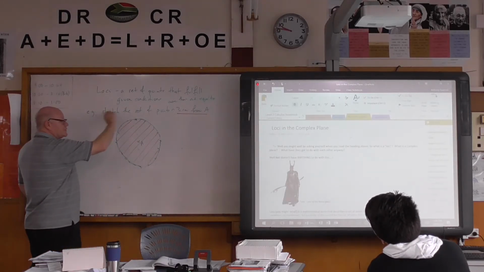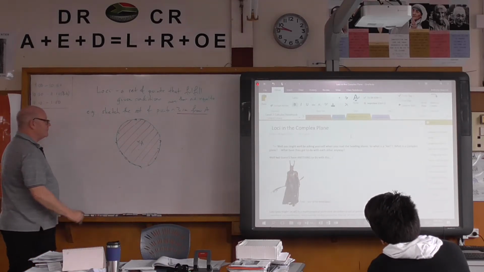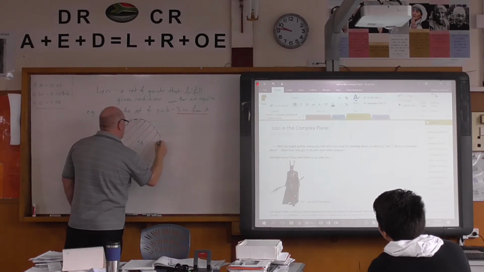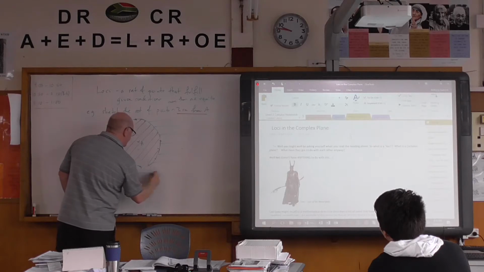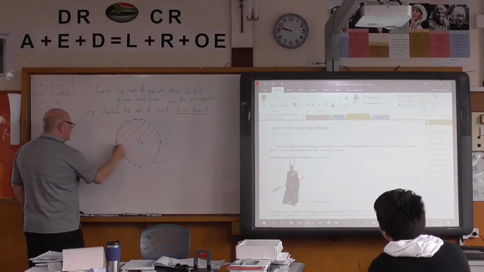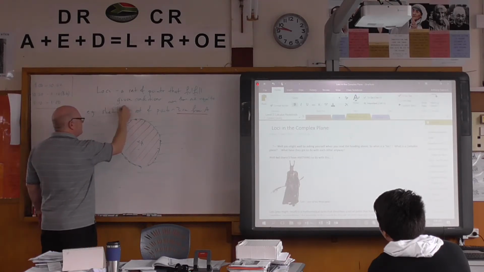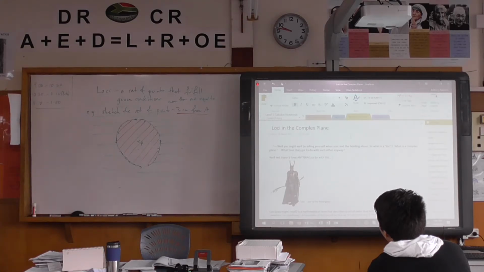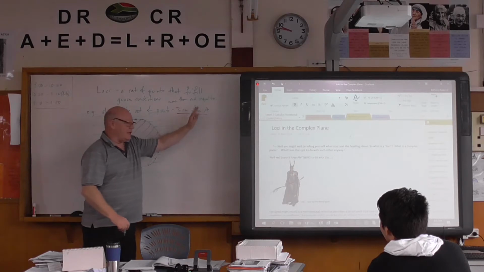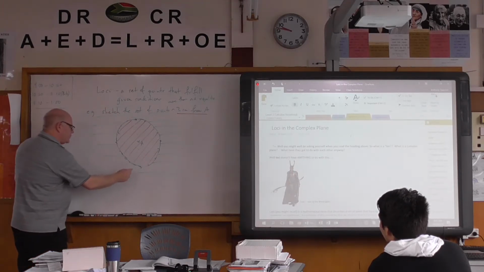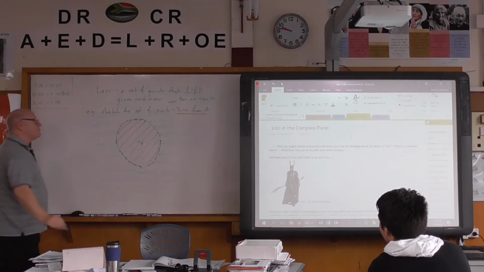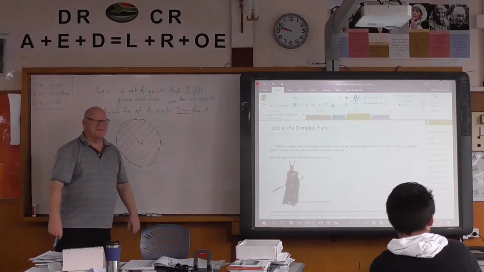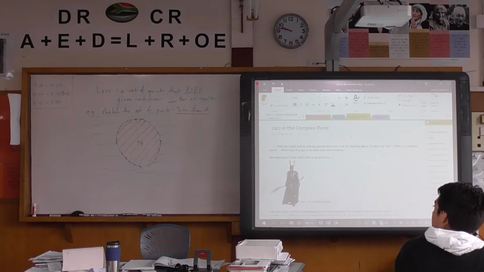So I just have to keep on sketching forever? No, you just draw enough to indicate you are talking about the outside. So the green area would fit that. You sketch enough to make it clear you're talking about everything, but not obviously being ridiculous and sitting there forever sketching. Okay, all right.